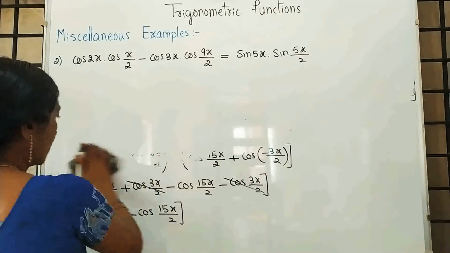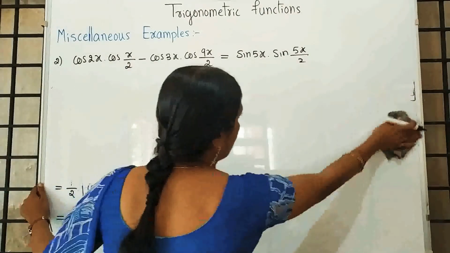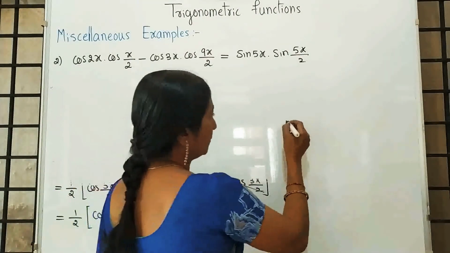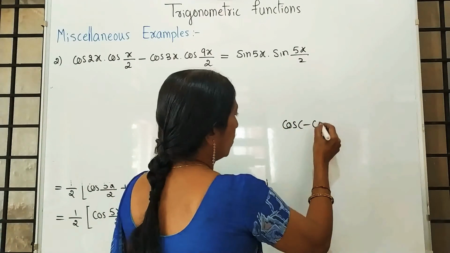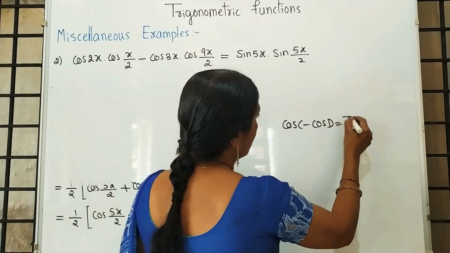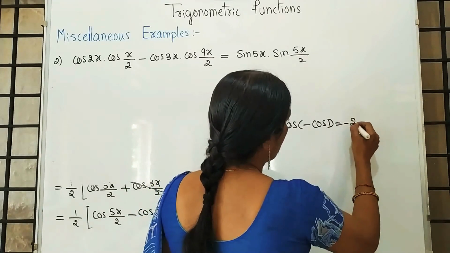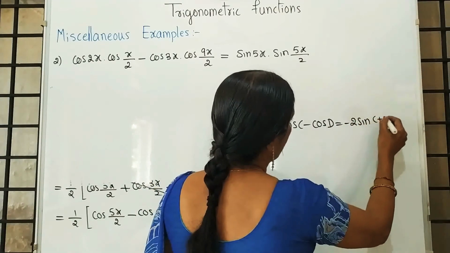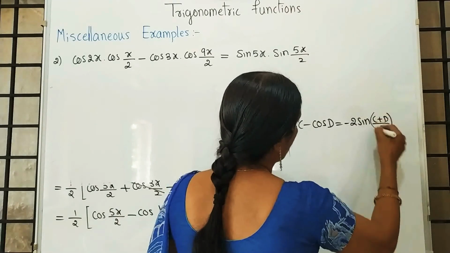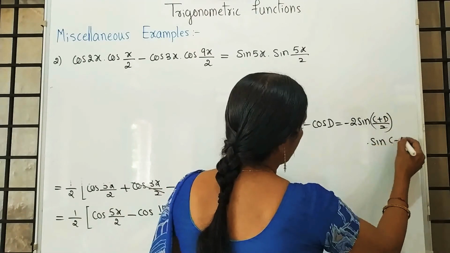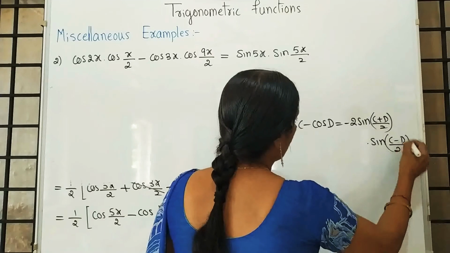It is in the form of cos C minus cos D. Now on the side I will write the formula. Cos C minus cos D is minus 2 sin (C+D)/2 into sin (C-D)/2.